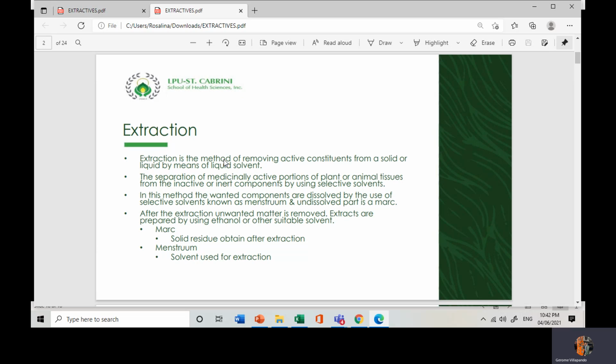It is the separation of medicinally active portions of plant or animal tissue from the inactive or inert components by using a selective solvent. In this method, the wanted components are dissolved by the selective solvent known as menstruum, and the undissolved part is the marc. The marc is the solid residue after extraction with the menstruum, the solvent used for extraction.